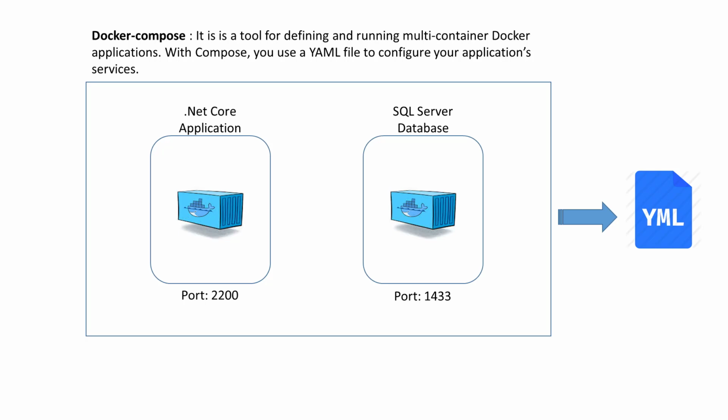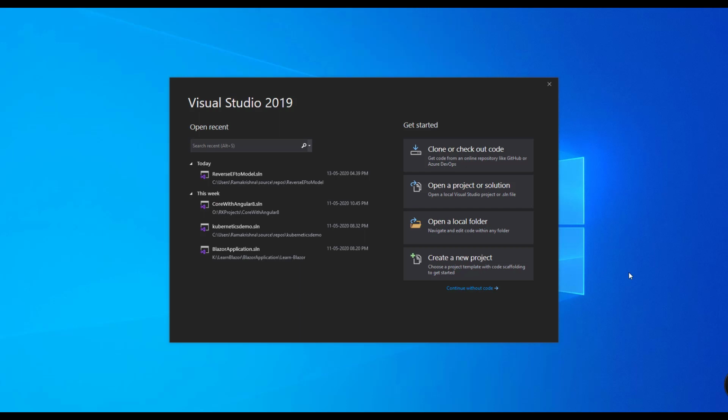In the second step, we define the services that make up our application using the Docker Compose YAML file, so we can run in an isolated environment. And to run the first and second steps, we use the third step, the docker compose up command, to start and run the entire app. Let us begin with creating a new project.